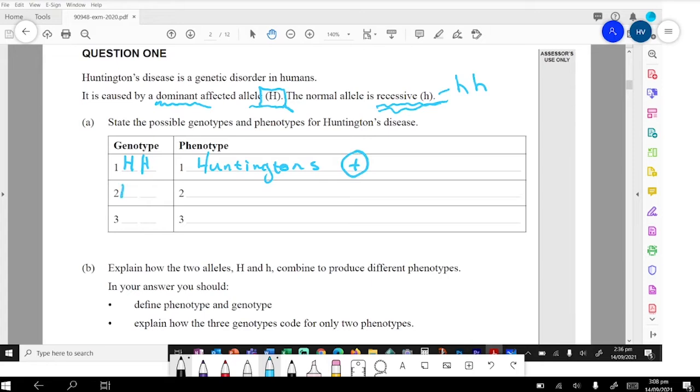We can have a heterozygote, but because Huntington's is dominant, it will also be Huntington's positive. However, if you are a normal person that does not have this disease, then you have to be homozygous recessive, which means healthy.